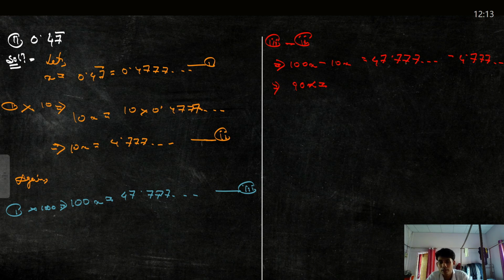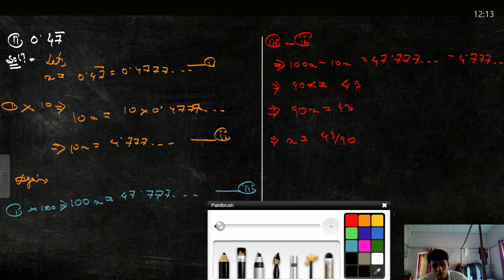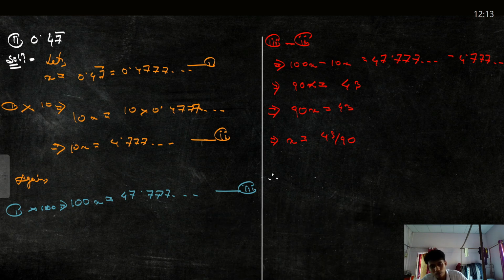Okay, so 47.777 minus 4.777 would be 43. That implies 90x is equal to 43. That implies x is equal to 43 by 90. Therefore 0.47 bar is equal to 43 by 90.